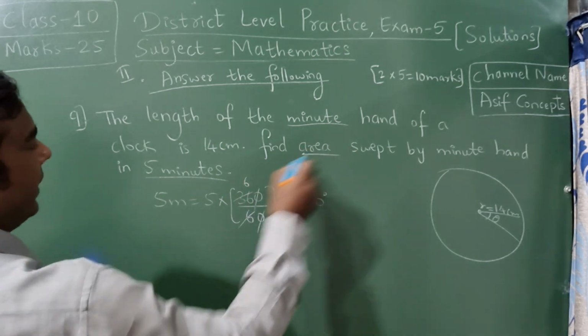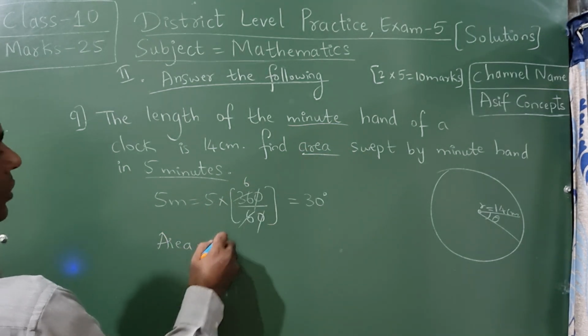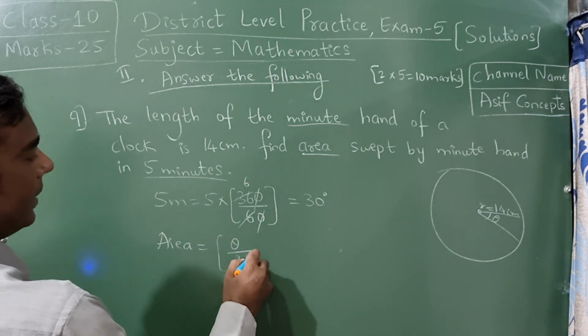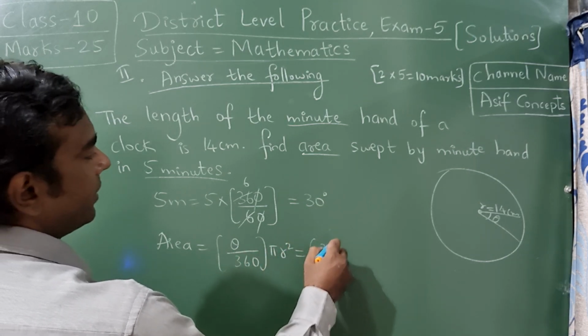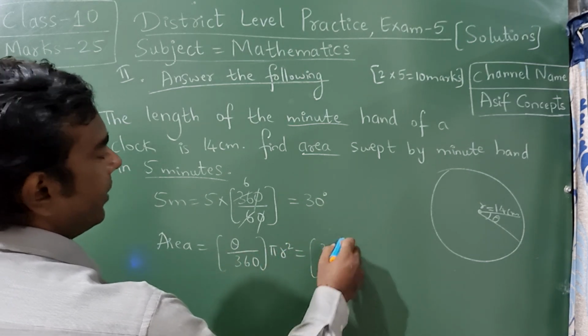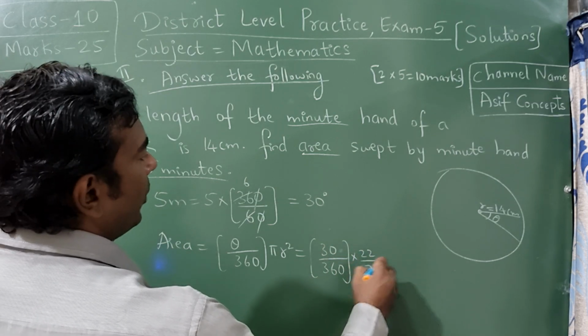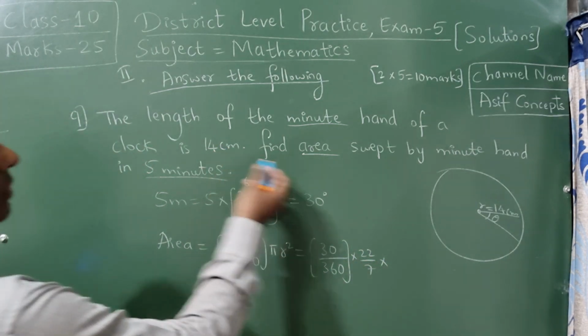So find the area. So area is equal to, you can use this formula, theta divided by 360 pi r square. So theta is 30 divided by 360, 22 by 7, and r value is 14.